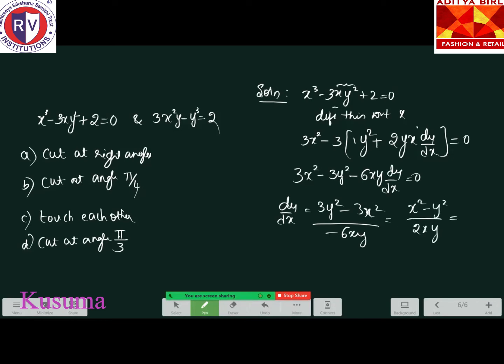This is our M1, that is slope of the first equation, the slope of the tangent of the first equation.